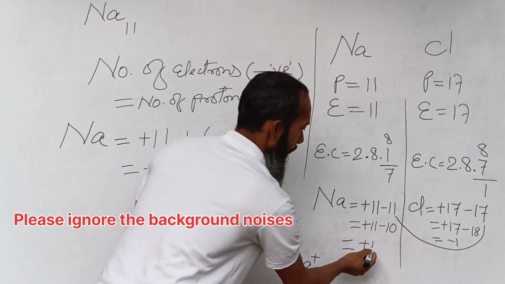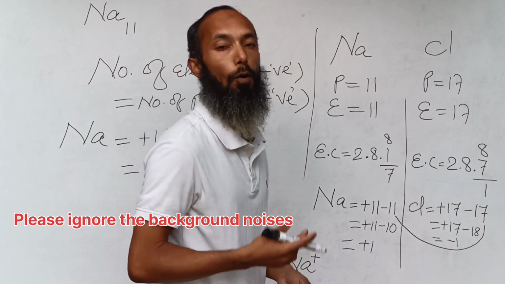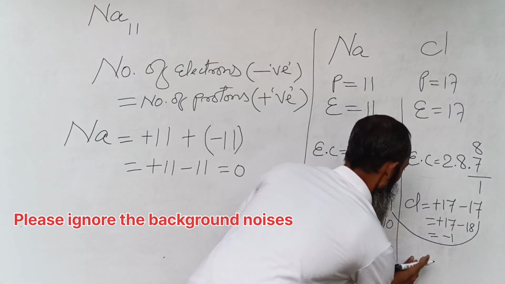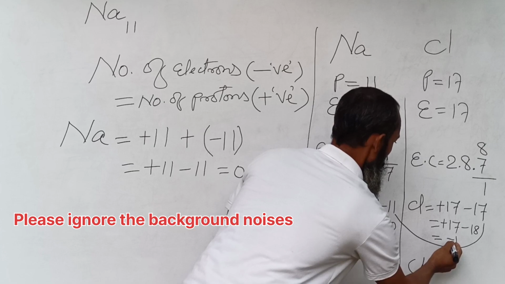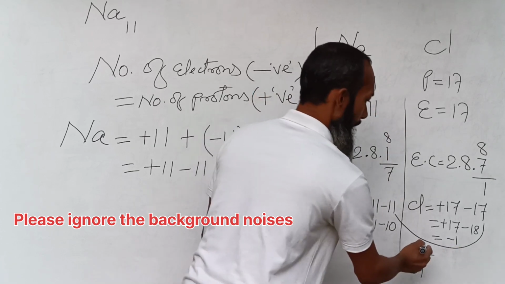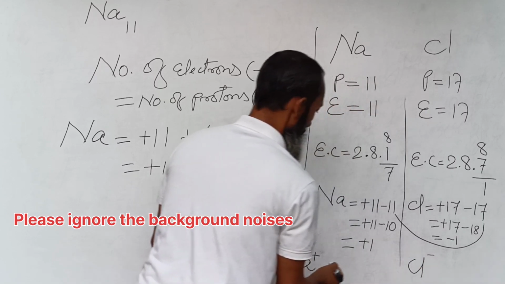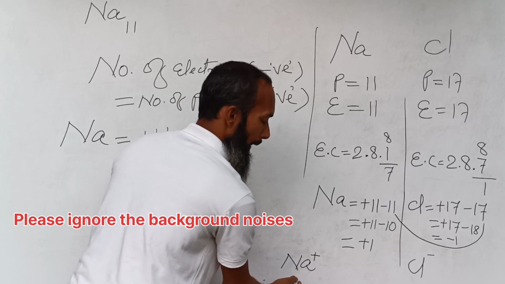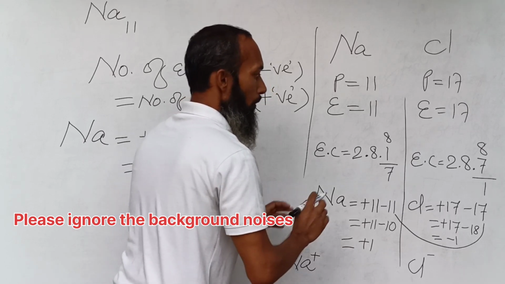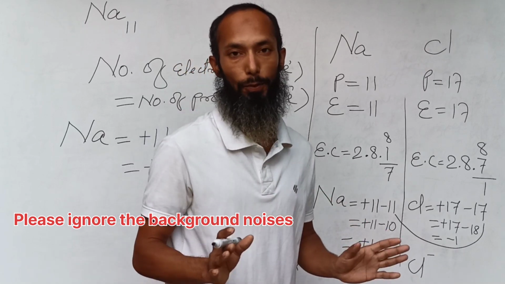Here the number of protons is more, so it will behave like a positively charged ion. And for chlorine, it has 1 negative charge. It means it is a negatively charged ion, that is called anion. And the sodium is called cation. So this is how the concept of cation and anion forms.